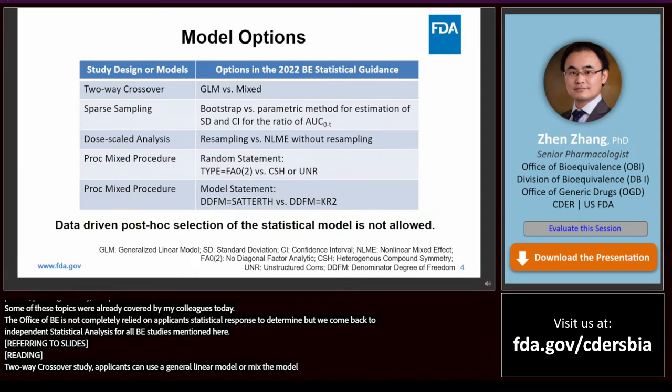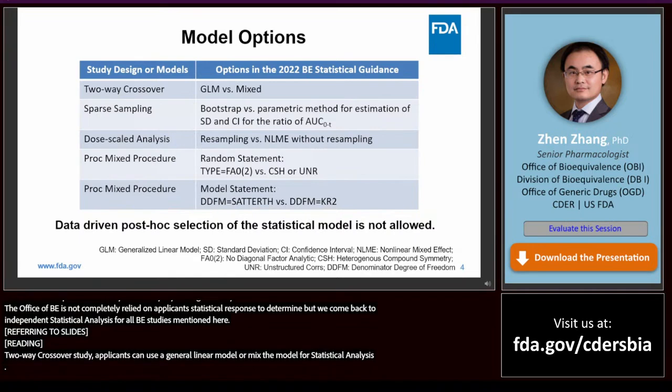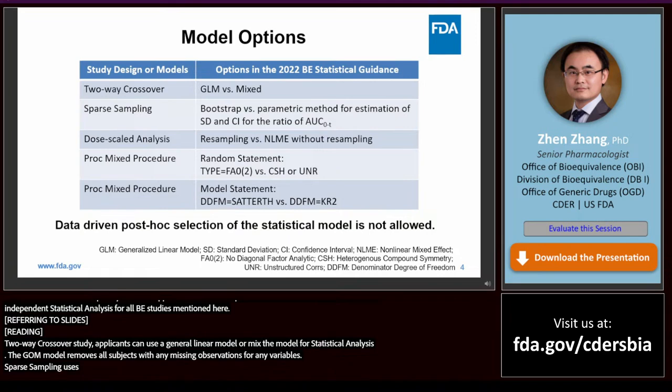The GLM model removes all subjects with any missing observations for any variables included in the GLM model. But the mixed model uses all observed data. This difference could lead to different BE conclusions, so it is important for applicants to pre-specify their statistical model.